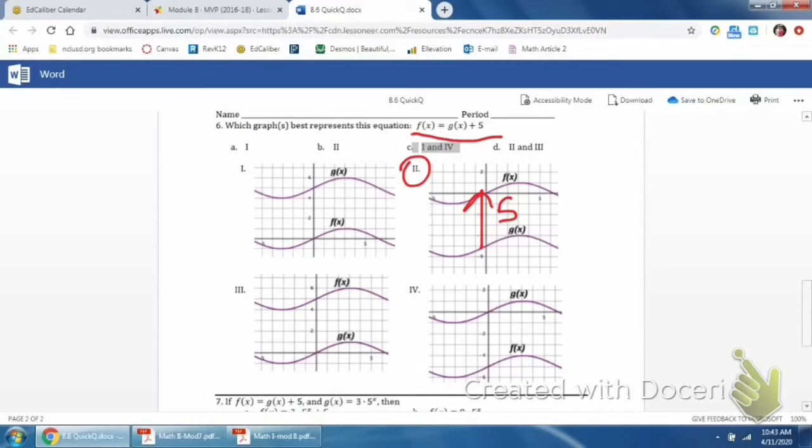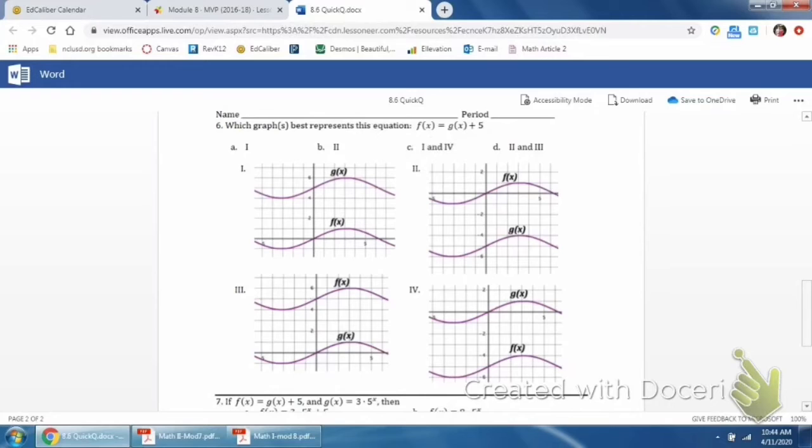And then I believe this one works also. Yep. Because remember, f is g of x, but moved up 5. So to get to f, you got to start at g and move up 5. Not the other way around. So that one should have been D, I believe.